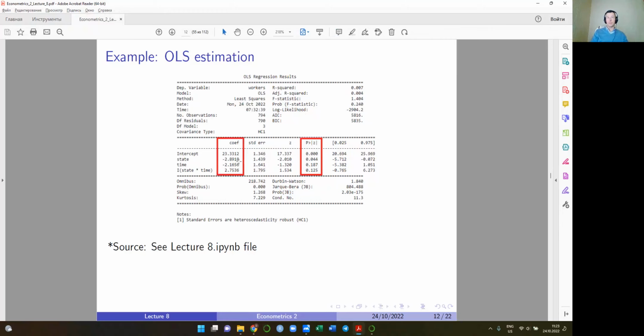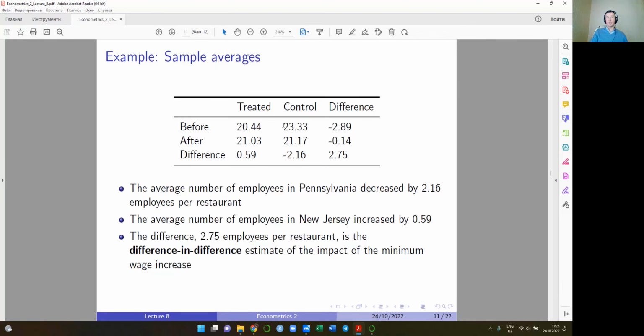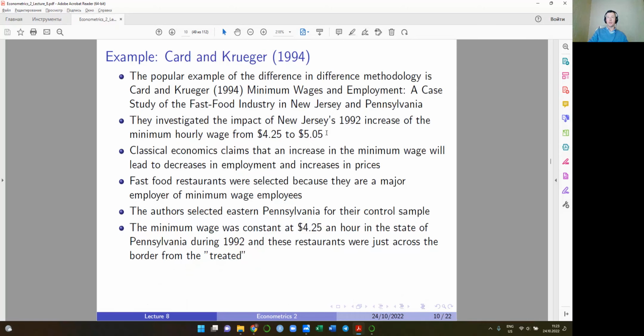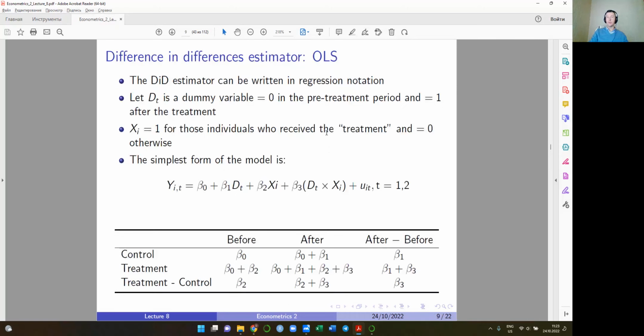Observing these coefficients, what can we see? Look, the intercept is 23.33. What does it coincide with? It coincides exactly with the sample average of the control group before the treatment, 23.33. When we look at this table, the difference for the control group after and before must correspond to beta 1.